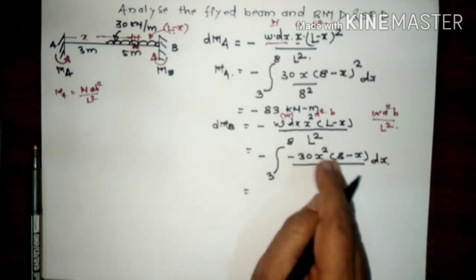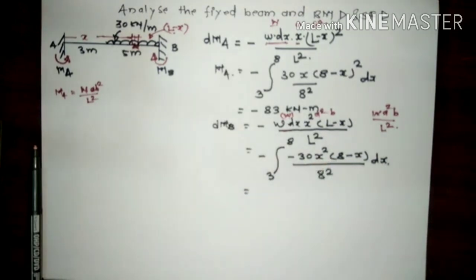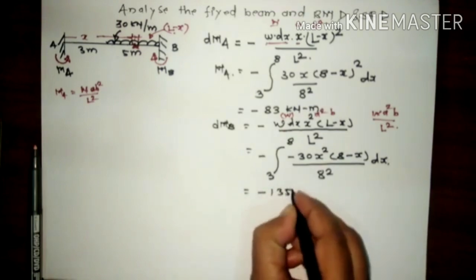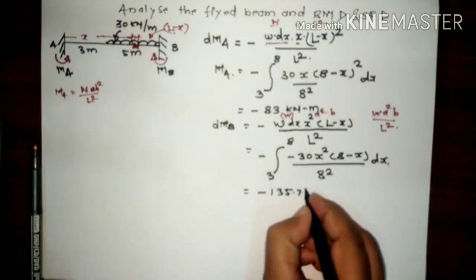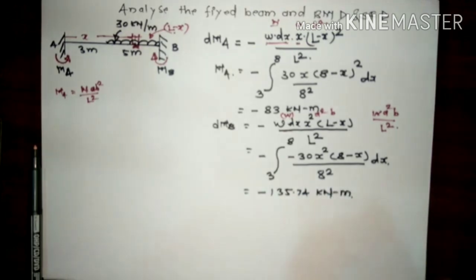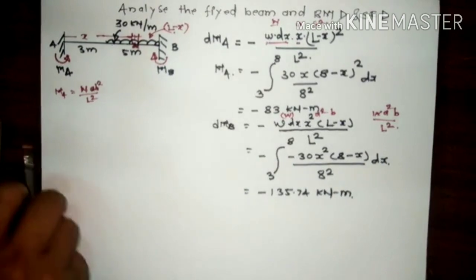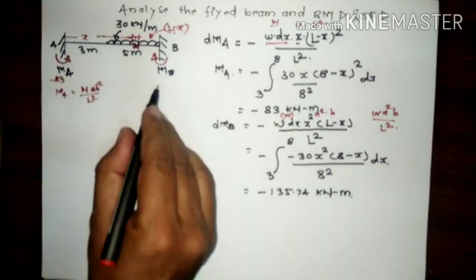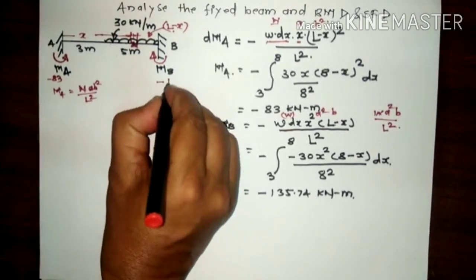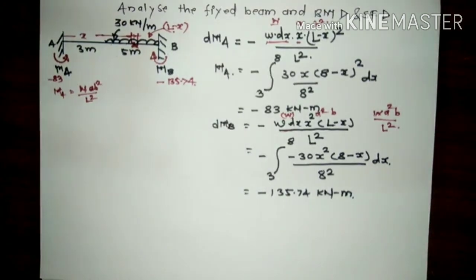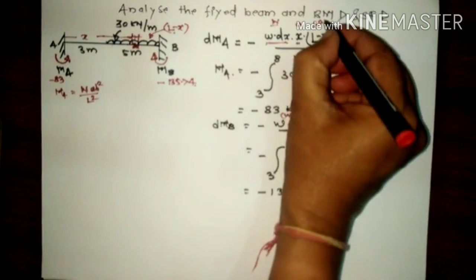Now if we calculate in the calculator, this value is minus 135.74 kilonewton meter. So we got the value of MA, that is minus 83, and MB is minus 135.74.